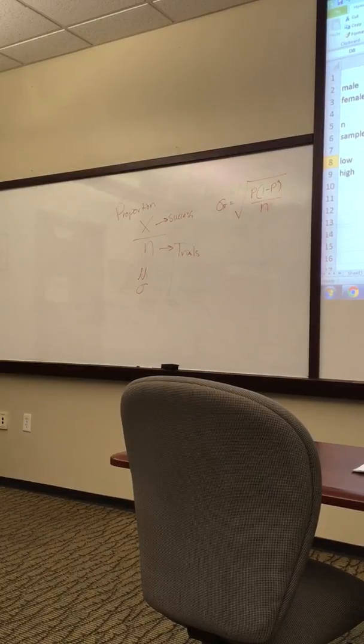Population proportion. Okay, so page 348, question 31.